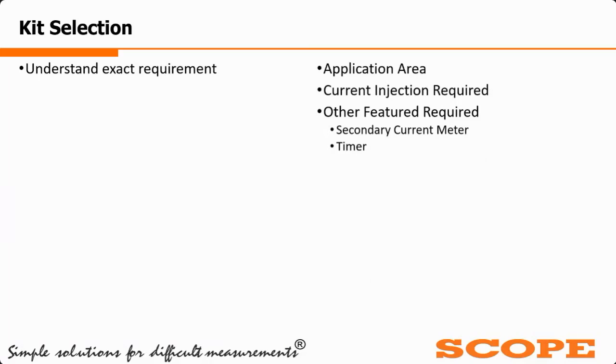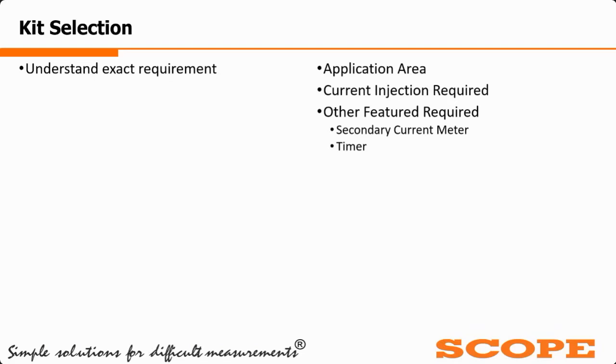Then other features required, that is secondary current measurement and timer. This is also an important part during current transformer testing. Many manufacturers do not provide the CT secondary current measurement facility.